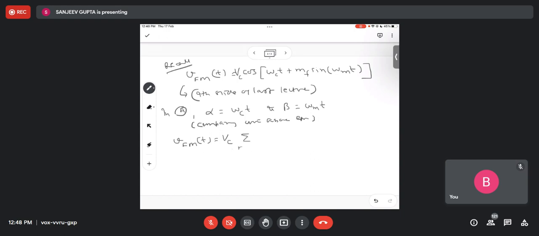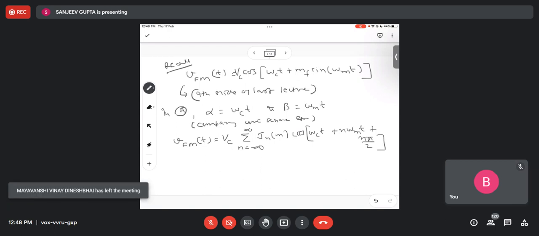VC sigma n equal to minus infinity to infinity J n M, cos alpha was my omega CT, plus n omega MT plus n pi by 2.